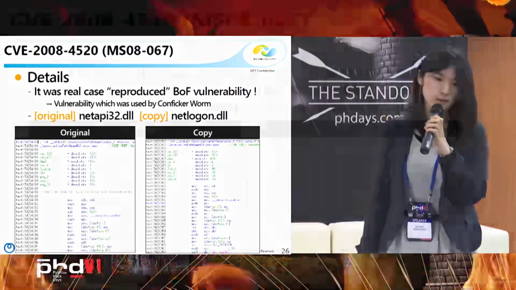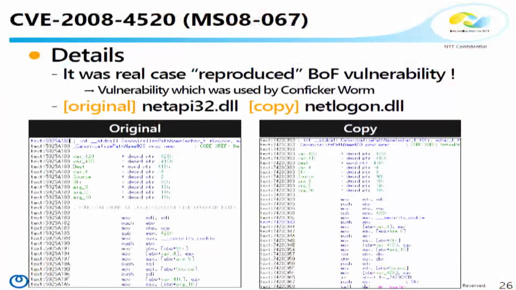So this is the detail of the CVE-2008-4250 case. This was a real reproduced buffer overflow vulnerability. It was originally in netapi32.dll, and it was copied to netlogon.dll. The interesting thing is that this vulnerability was used by the Conficker worm.